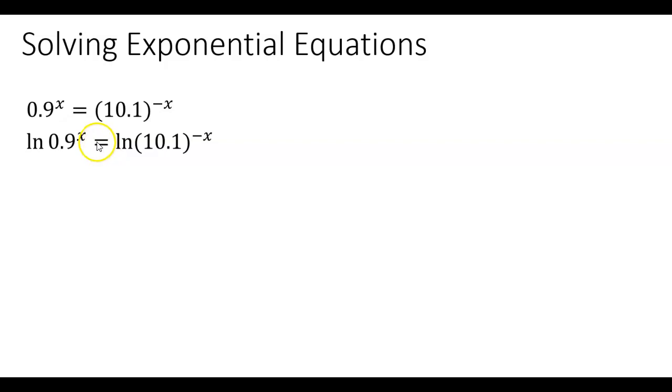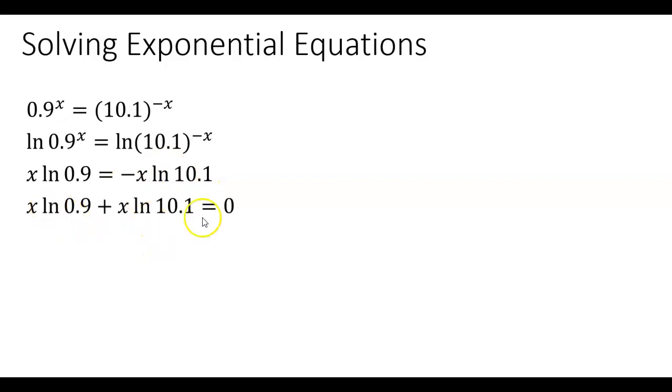And once I do that, then I can take those exponents and bring them out front under multiplication. So I have x times natural log of 0.9 is equal to negative x times the natural log of 10.1. So now I'm going to add this part here to both sides, the right side, the negative x times natural log of 10.1, in order to get an equation equal to 0.